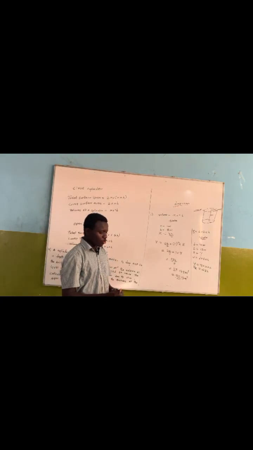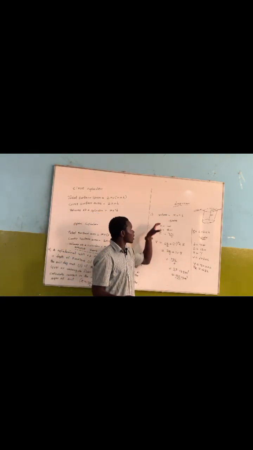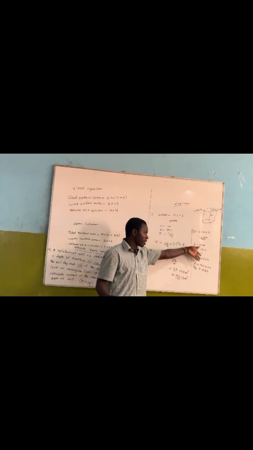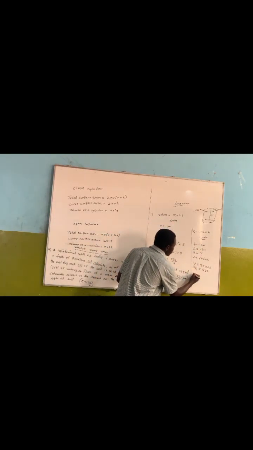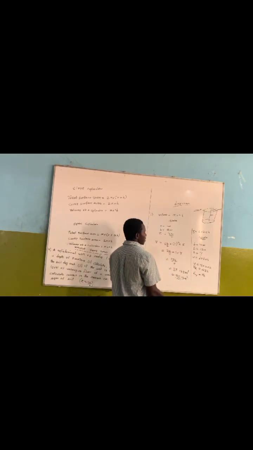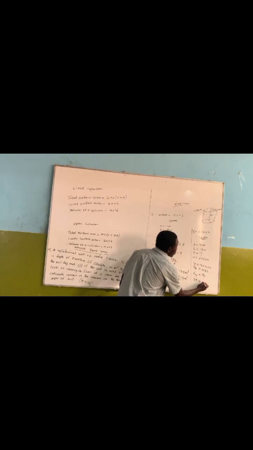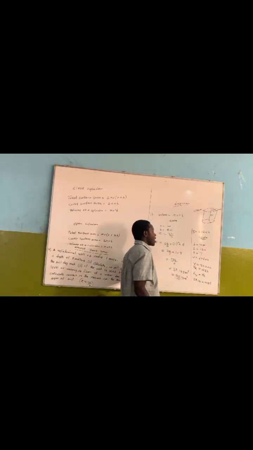Since we know that the two volumes are equal, because the soil dug from here is the same soil placed there, if I equate the two, the volume of the cylinder must be equal to the volume of the rectangle we obtained. So the volume of the cylinder, 25.14, is equal to 48 multiplied by the height.